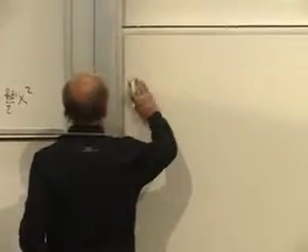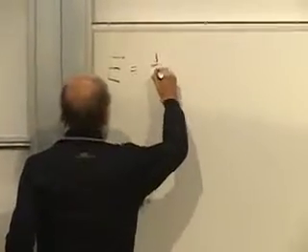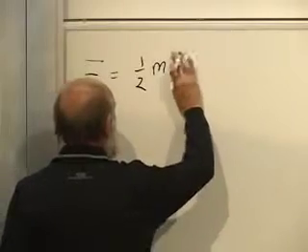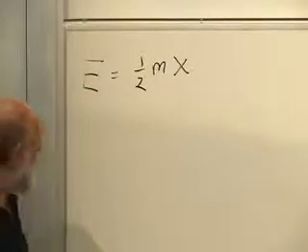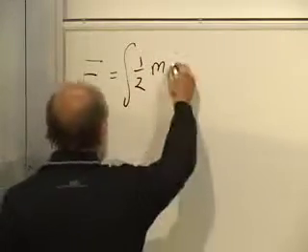What is the energy? The total energy is 1/2 the integral over space of phi dot squared.